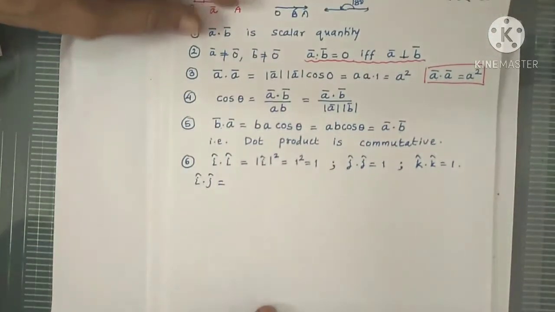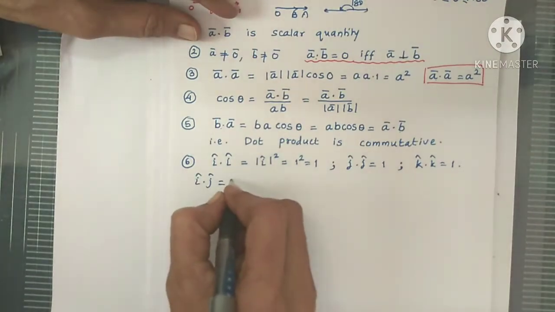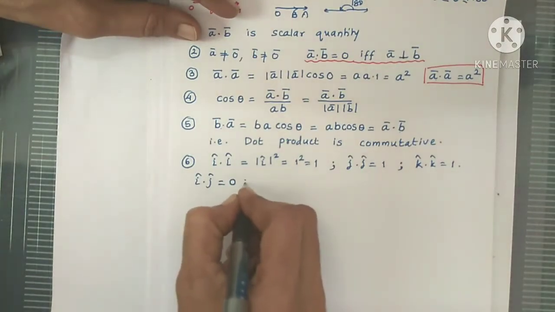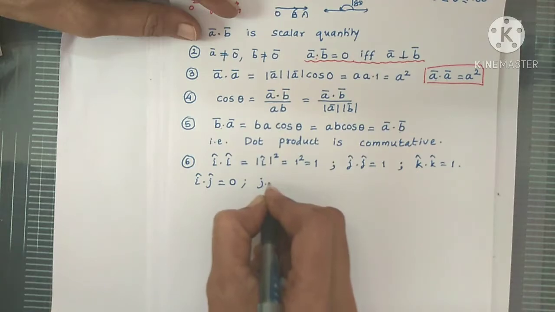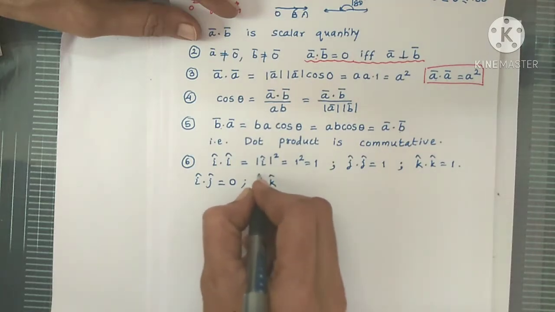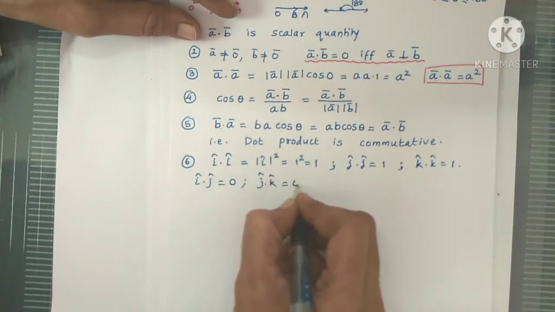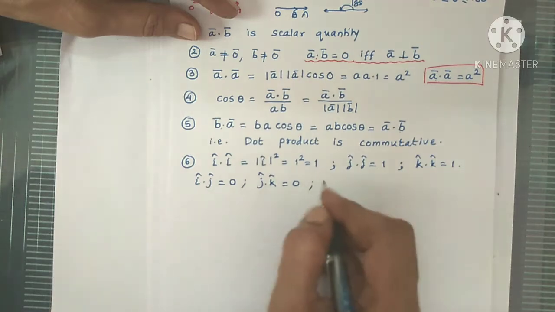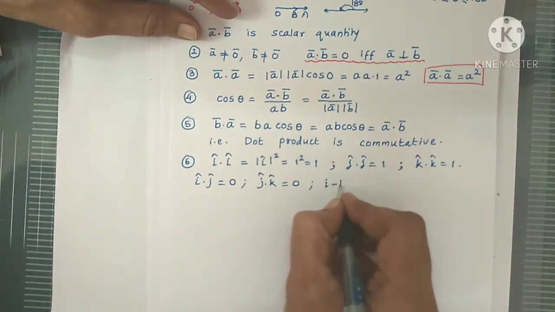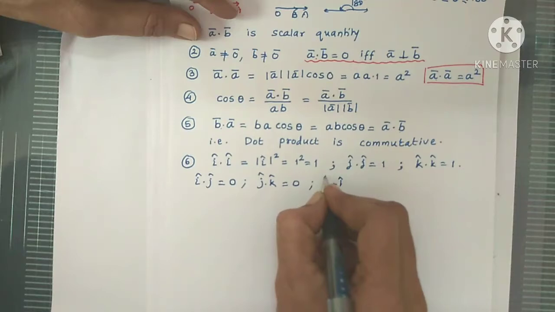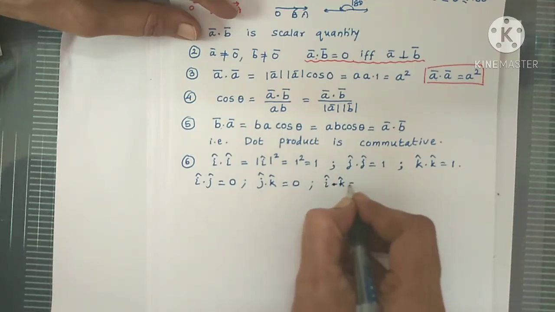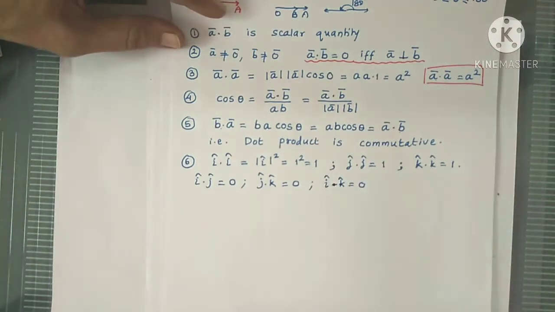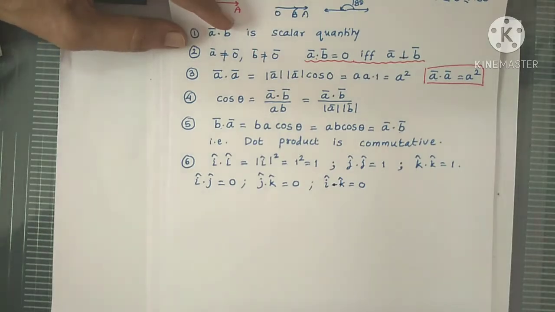Now i cap and j cap are perpendicular, therefore their dot product is 0. Similarly, if we take any two vectors from i, j, k, then their dot product is 0. j dot k is also 0 and i cap dot k cap is also 0. So take any two vectors, they are mutually perpendicular, therefore their dot product is 0.